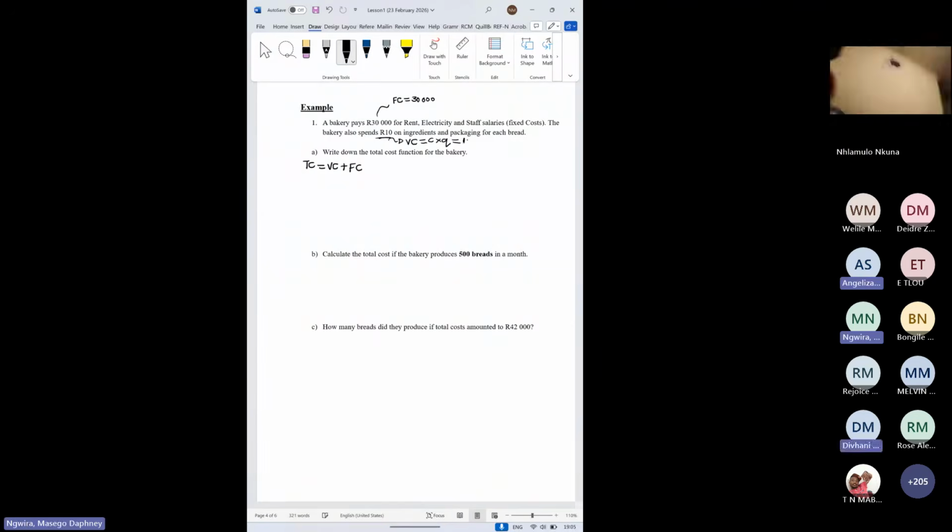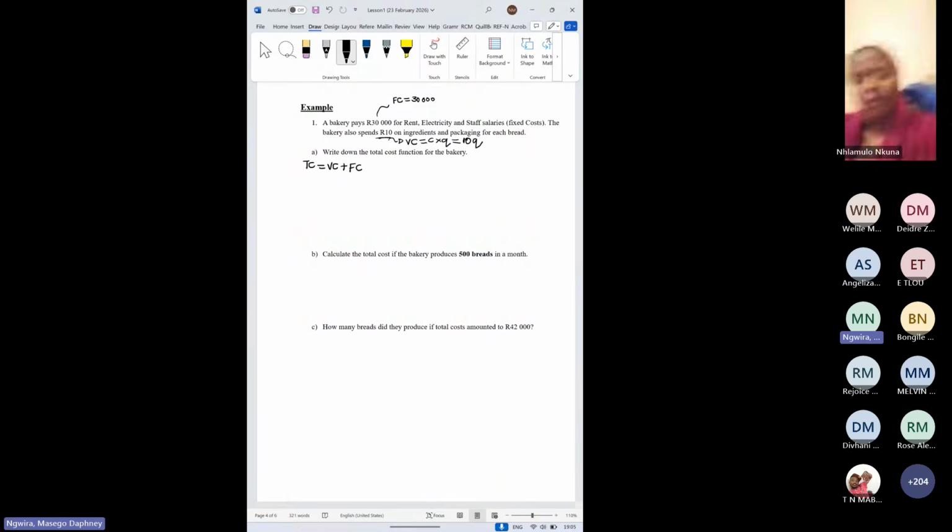Then times Q, which is 10Q. Is it fine? Yes. So it means my TC is going to be my variable cost, 10Q, and then plus my fixed cost, 30,000.